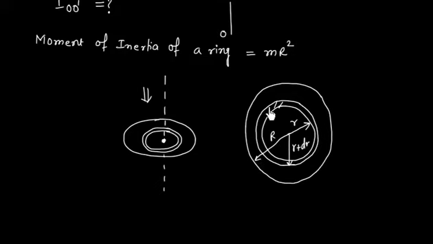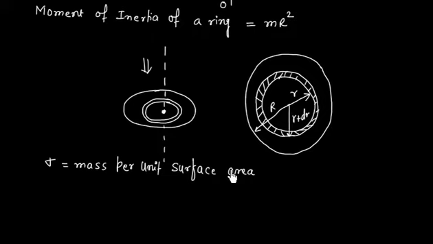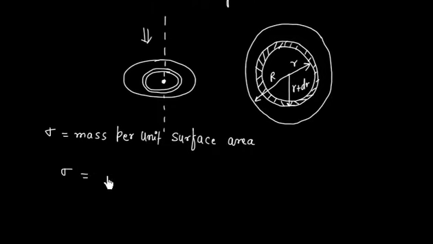Now we can calculate the mass of this disk. Let us say mass per unit surface area is sigma. Sigma is mass per unit surface area, that is mass divided by area.